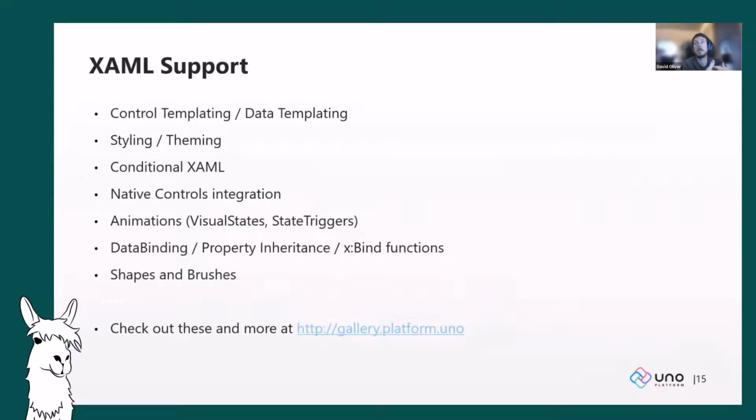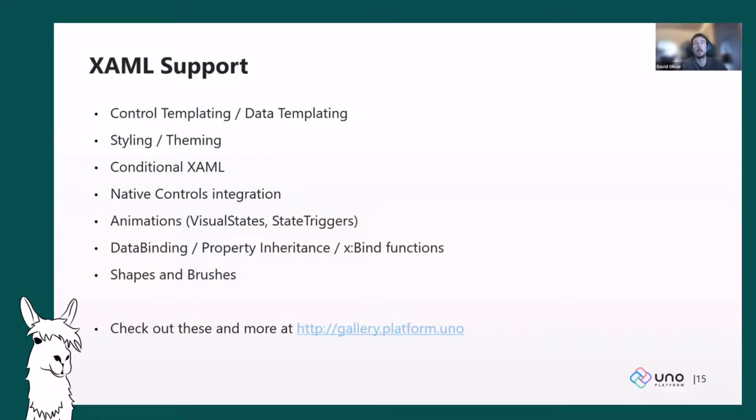So what sort of features from XAML does Uno support? Essentially, a pretty rich set of features, most of what you would get in a WinUI or UWP application. So the styling engine and templating engine, conditional XAML is an important one, since in some cases you want to show different visuals or have different behavior on certain platforms.